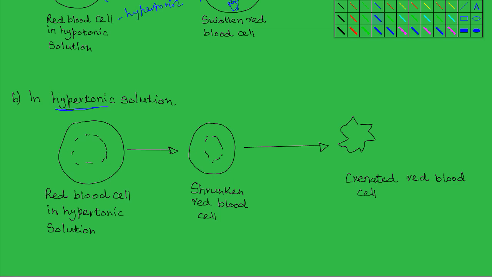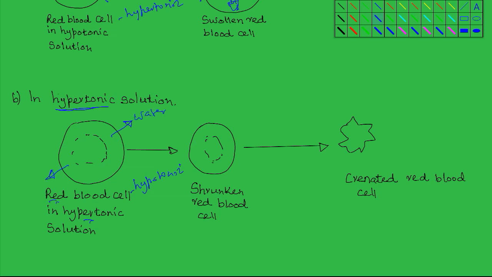Because remember, in osmosis, water moves from a region of its higher concentration, that is the hypotonic solution, to a region of its lower concentration, and that will be the hypertonic solution, across the semi-permeable membrane that is created by the cell membrane. So in the hypertonic solution, the red blood cell will lose water.